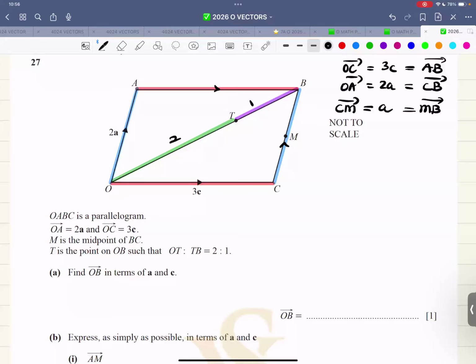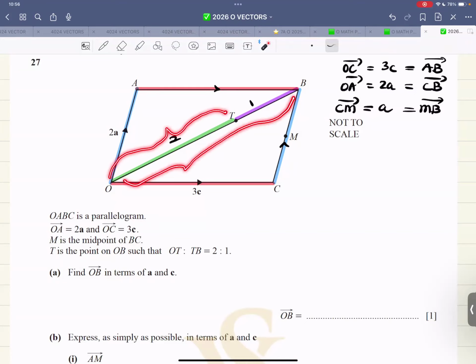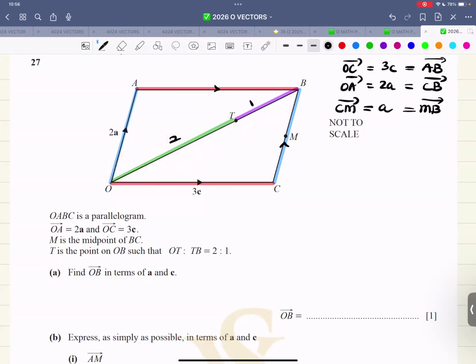If I ask you, this is OT, this is OB, that means OT is 2/3 of OB. Similarly, TB is 1/3 of OB.